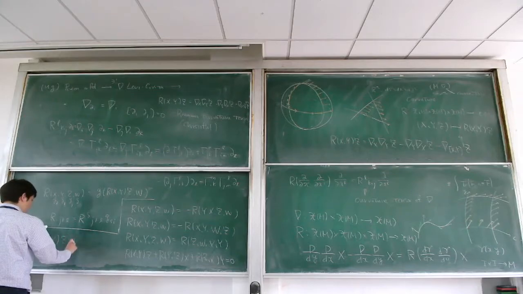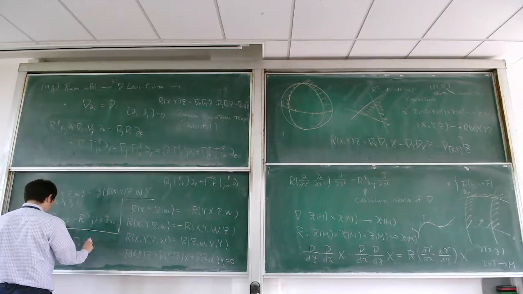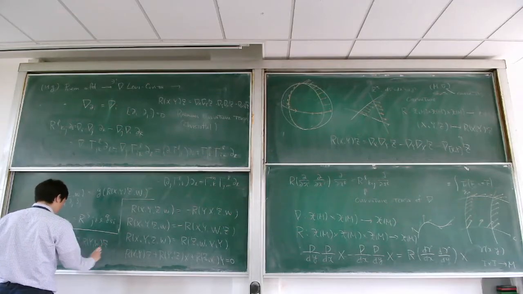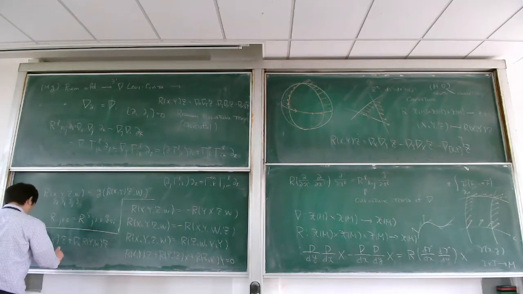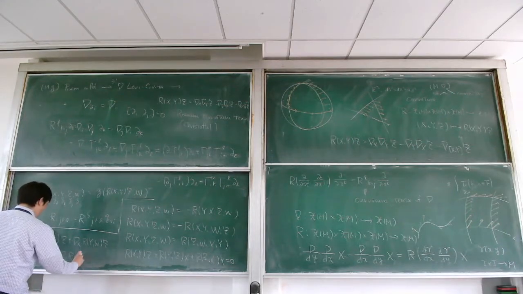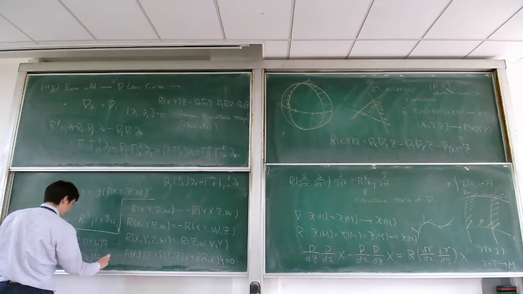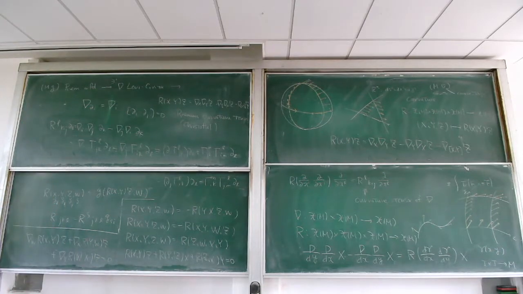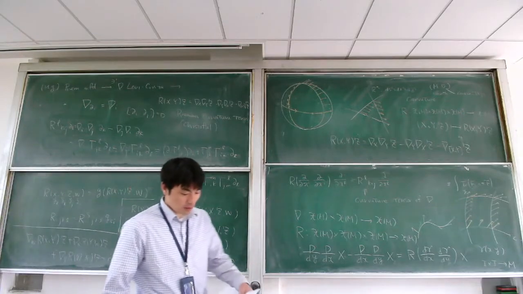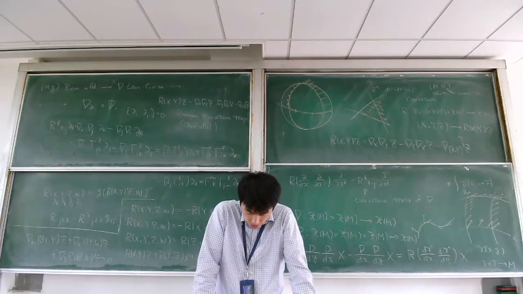I mean, mathematicians would like to write everything in a coordinate-free way. Then one can show everything of these identities. And this will be one of the problems in the next homework, so I'm not going to derive it.